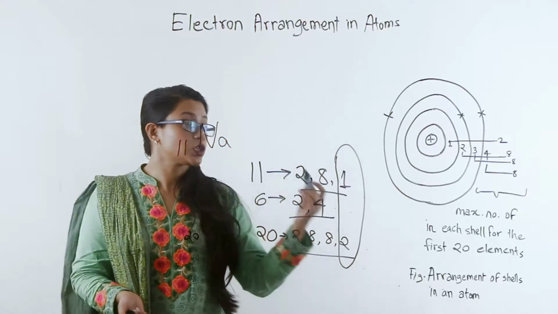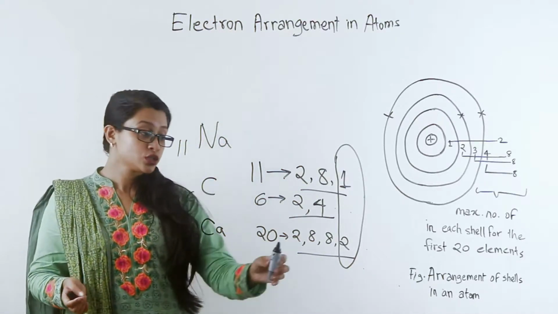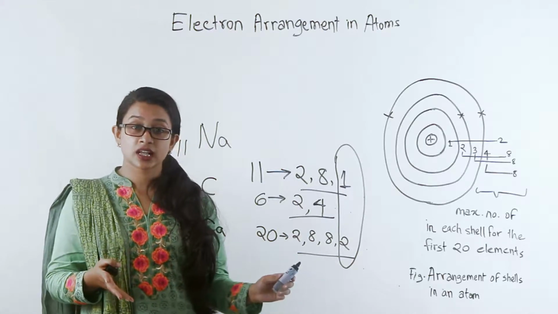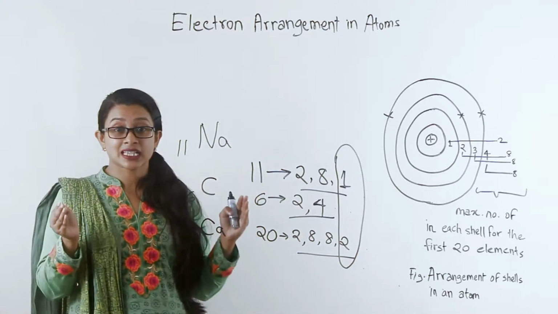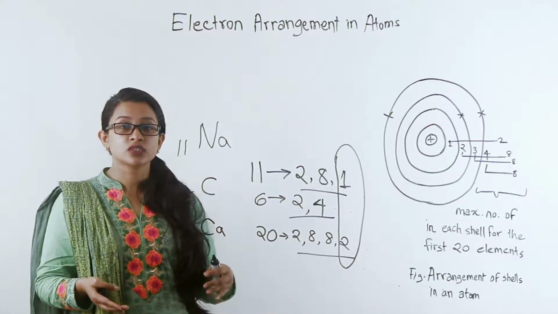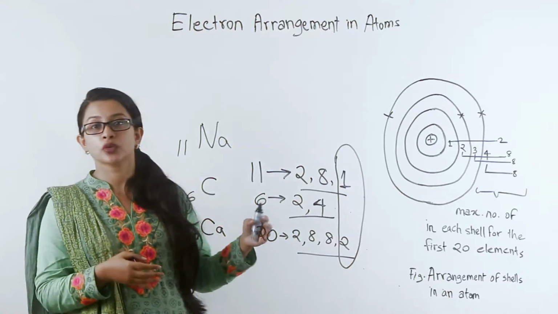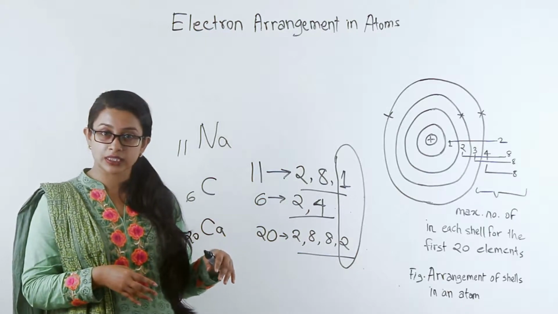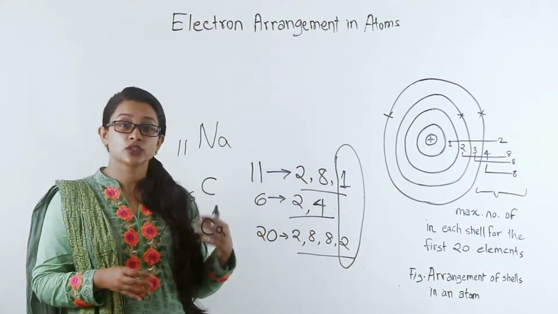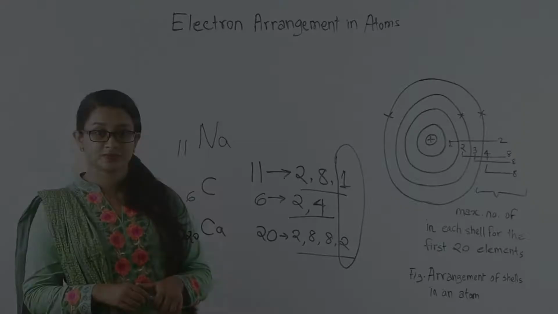Like the first, second and third shells are completely full. In the case of calcium, 2, 8, 8. The last shell, although it can house a maximum of 8, there is only 2. So these electrons are mostly moving about very freely. They're farther away from the nucleus, and so they are known as valence electrons or outermost shell electrons.